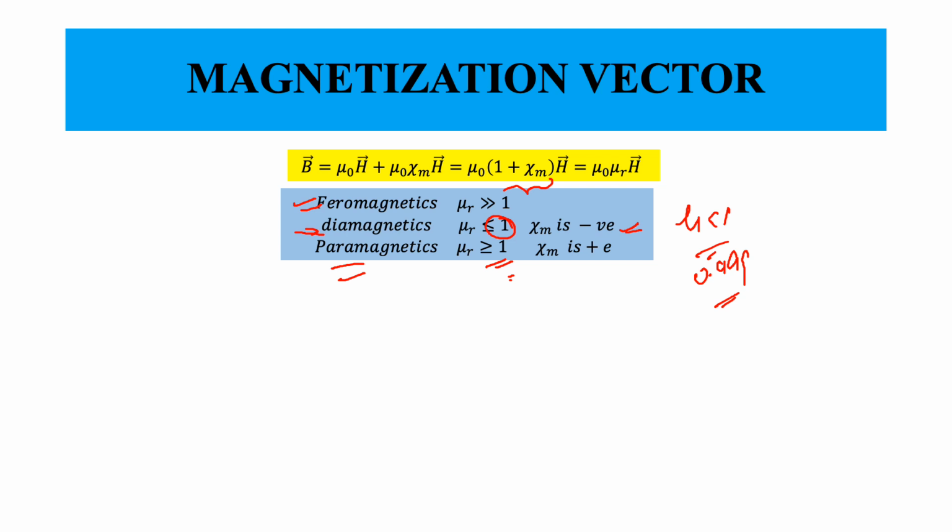So if you look at the graph of chi m and H, for a diamagnet it is negative, for a paramagnet it is positive, and for a ferromagnet it will be a large value. This is how the difference between the three classes of material exists.